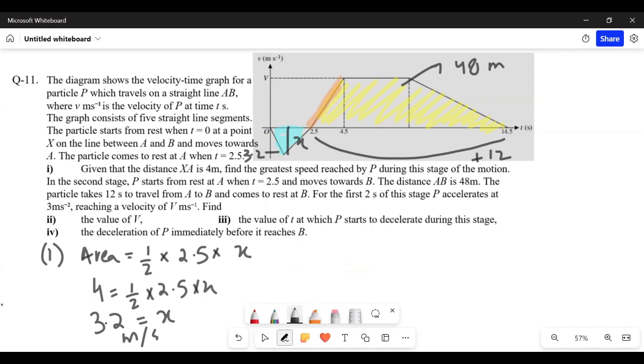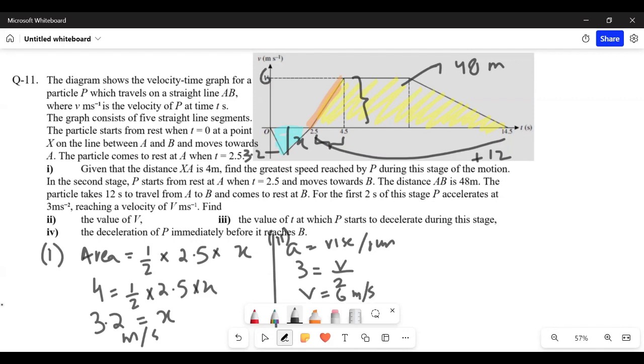So you're actually given the gradient, and you have to find the value of V, which is the rise. The run is known and the acceleration is also known, 3. So acceleration is rise over run. Acceleration is 3, rise is V, run is 2. So V comes to 6. So this value here is 6.